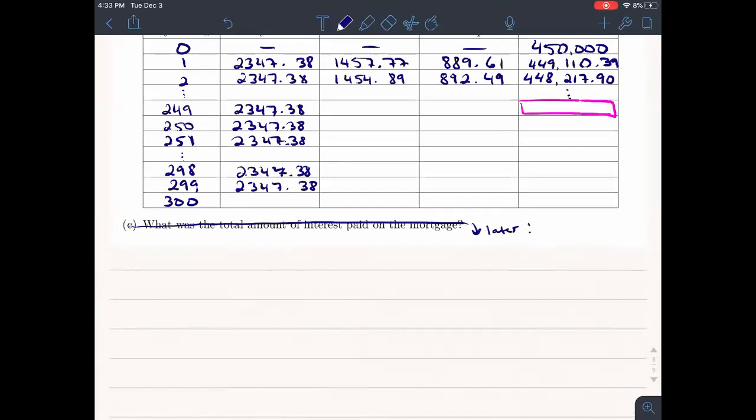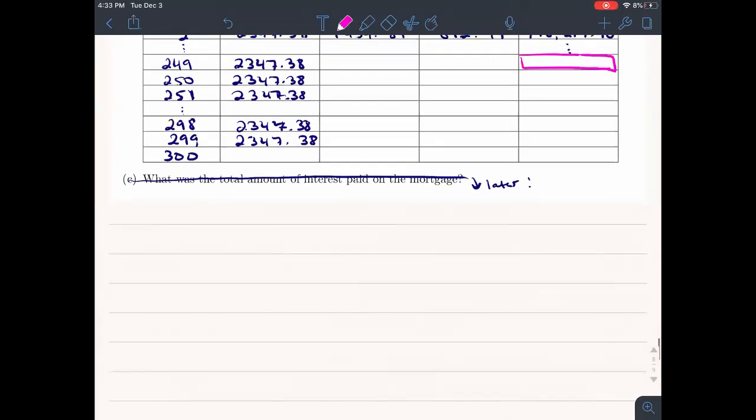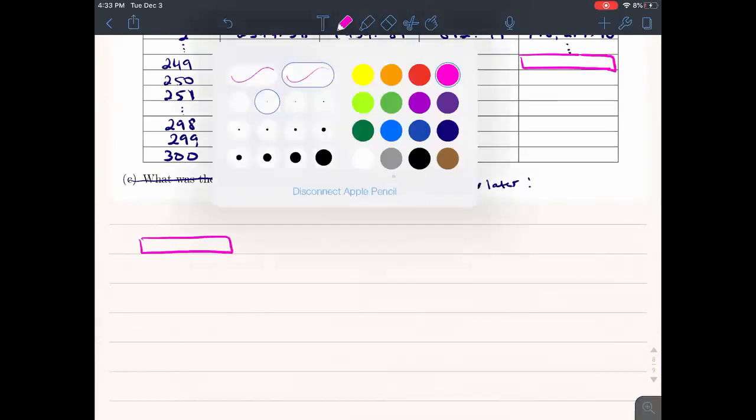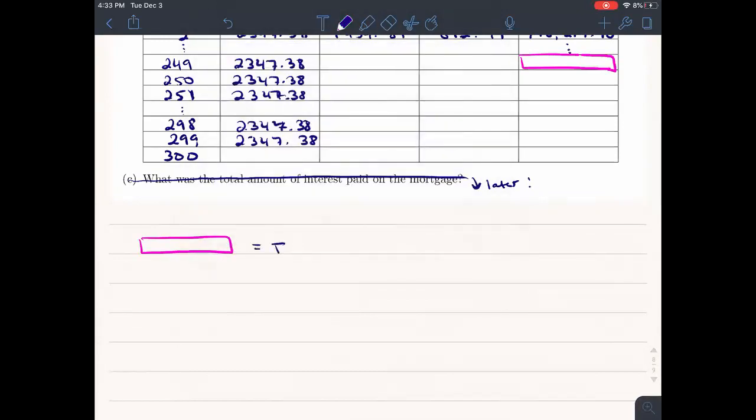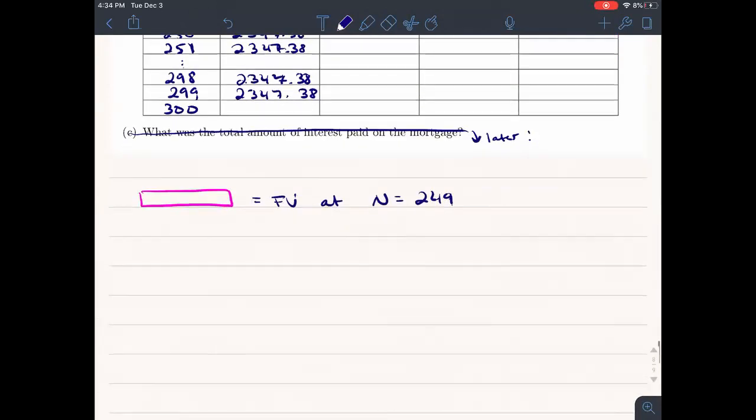I just need this room to show my work here, although you definitely don't have to. I'm only looking at the table. And so this is going to be the future value at n equal to 249.